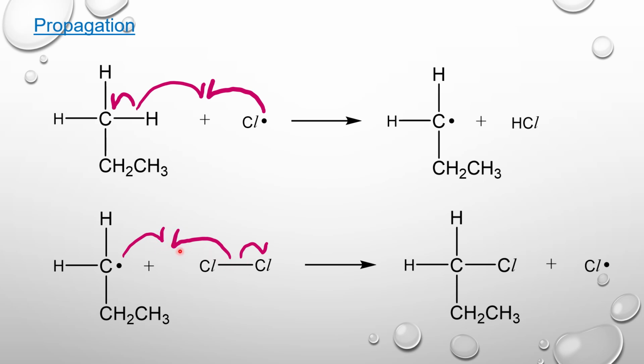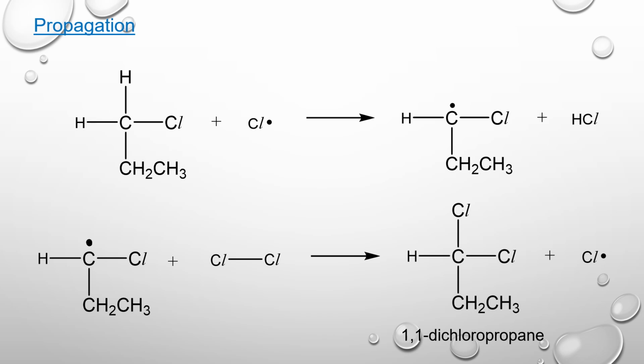Two of the arrows will meet somewhere, showing that these two electrons eventually form the new covalent bond. So this gives rise to our C-Cl covalent bond in our product. Now this step will regenerate a chlorine radical for further reaction.